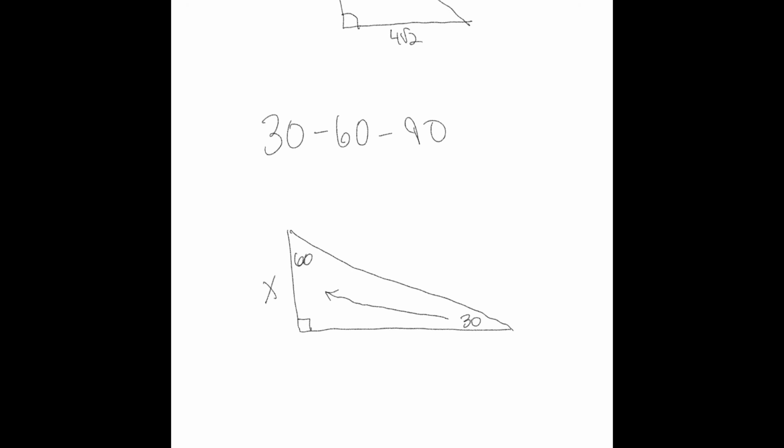We'll just call it x. The hypotenuse is double the short side, so it's 2x. And the other side across from 60 is your short side times root 3. So x times root 3. Okay, so we got our short side across from 30, double that for the hypotenuse, and the other side is my short side times root 3.